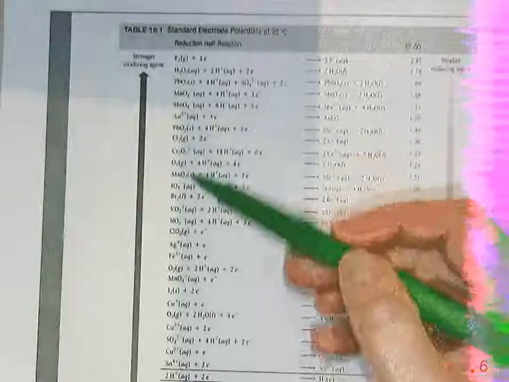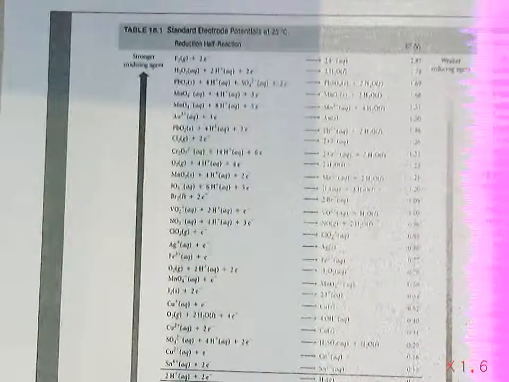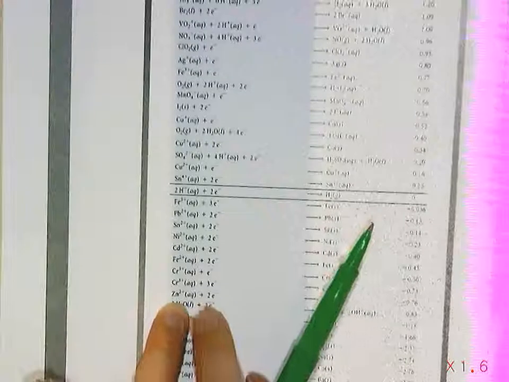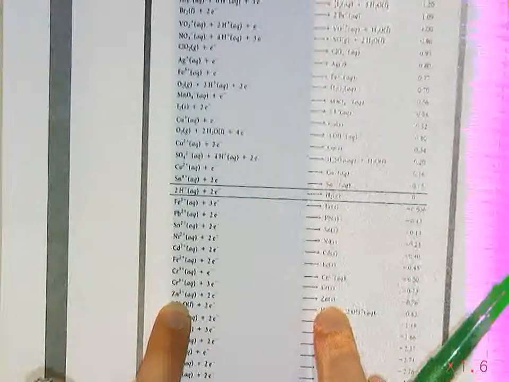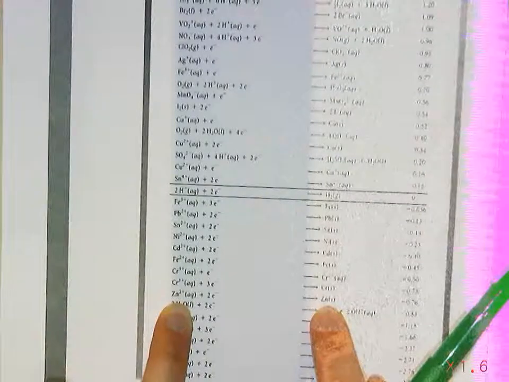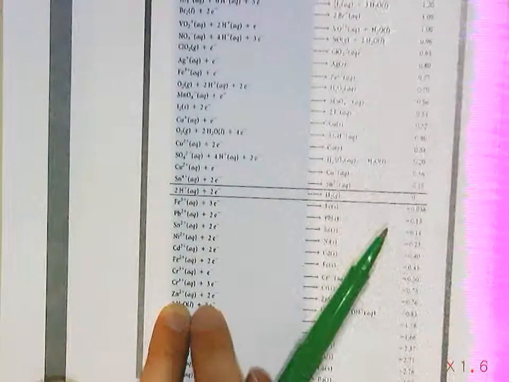Okay, here's zinc. There we are: zinc 2+ plus 2 electrons makes solid zinc. Is that the way it is written in the half reaction I just gave you? How is this written, as an oxidation or reduction? It's written as a reduction.